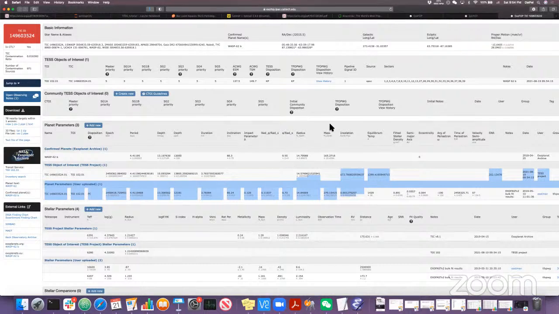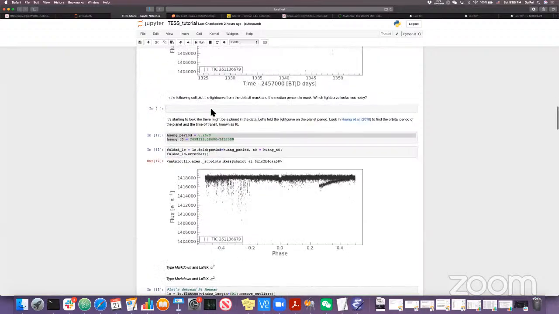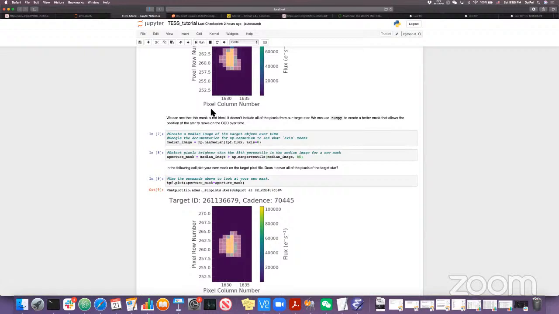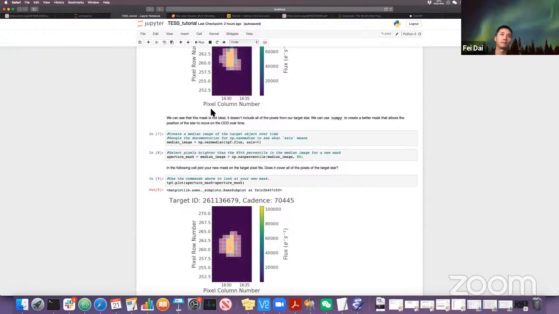Okay. And one last quick question is that when you do the pixel fitting on the top, when you try to find the aperture mask, will the method that you've given here work for any kind of TIC number? It should work pretty well. But one caveat is when a star is in a crowded field, meaning that it has neighboring stars.